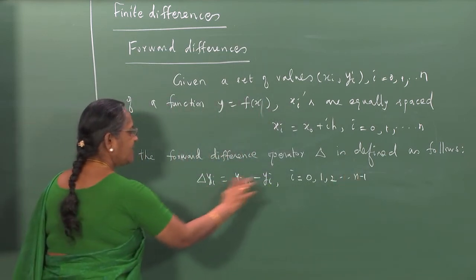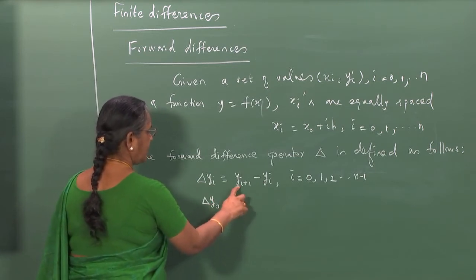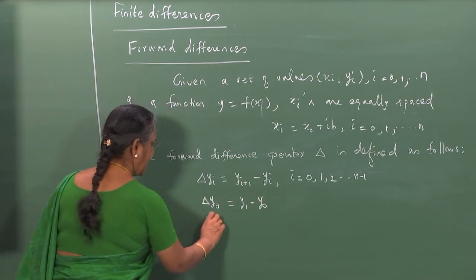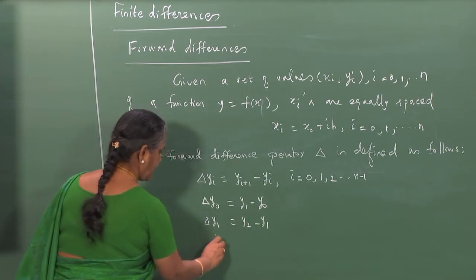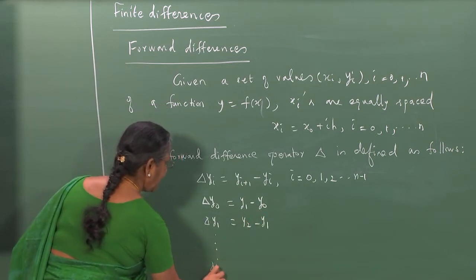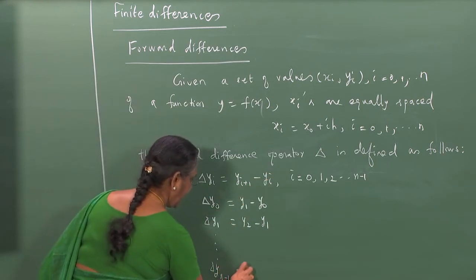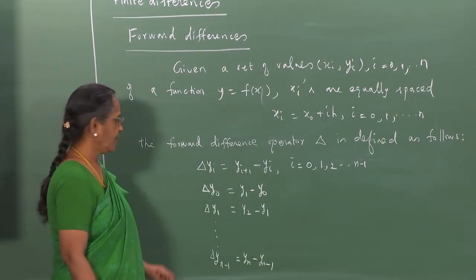So, when i is say 0, delta on y naught will be y1 minus y naught. Delta on y1 is y2 minus y1 and so on. Delta on yn minus 1 will be yn minus yn minus 1.